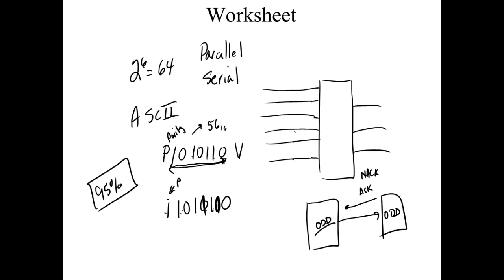The internet does not use parity, and your mass storage devices like USB drives don't use parity either. They use a CRC, cyclic redundancy code.